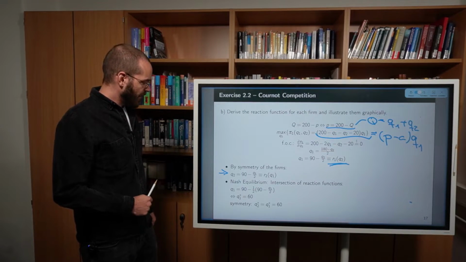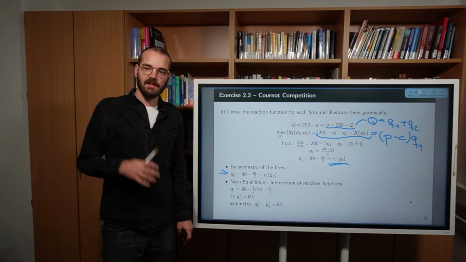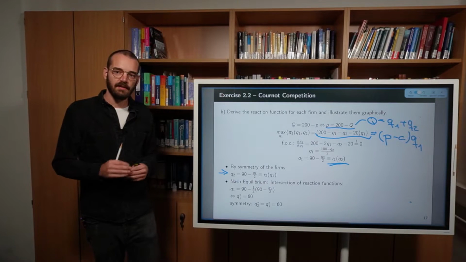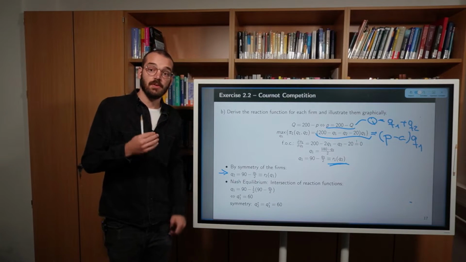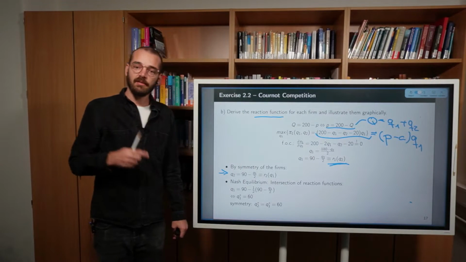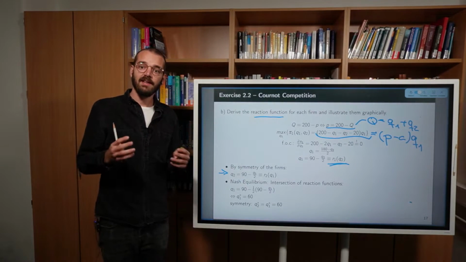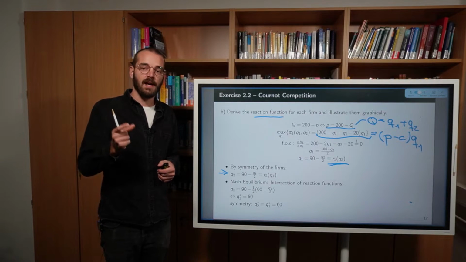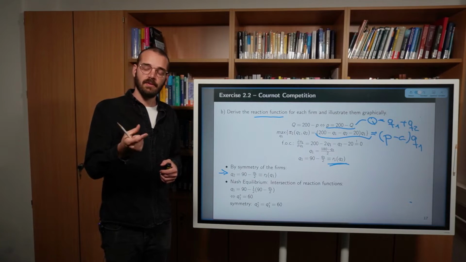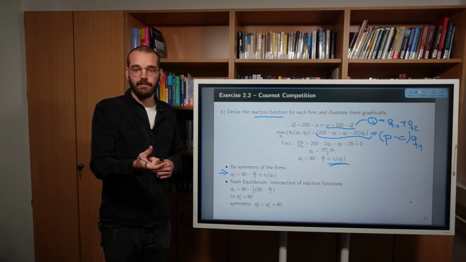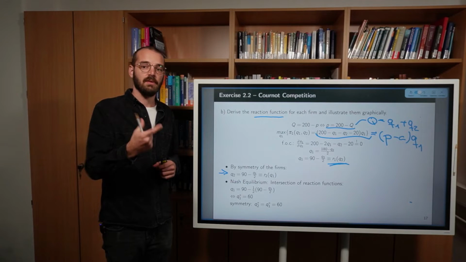All right, now the final step towards finding the market equilibrium. I already hinted earlier that once we know the best responses or the reaction functions of the firms, we can find the market equilibrium by finding conceptually the one point where both firms are playing their best response onto the best response of the other firm. All right, so the best response on the best response.